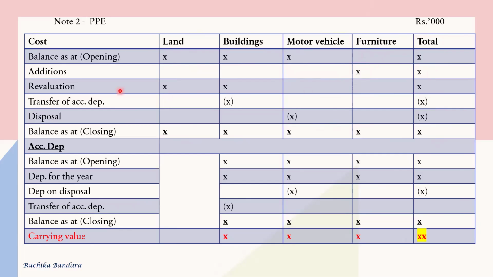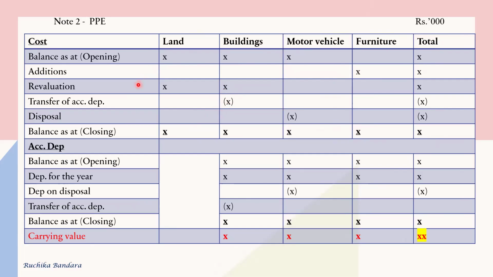Then whenever you revalued it, if it is a land revaluation, no problem at all because there's no accumulated depreciation. So you can have a revaluation deficit or surplus. It can be a minus or plus value. So the simple answer, you can get it as a balance as at closing. But whenever you revalue another non-current asset other than land, you have the depreciation also accumulated.